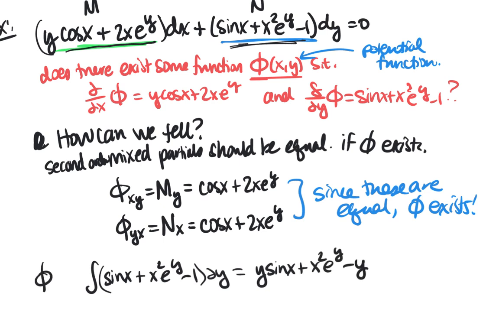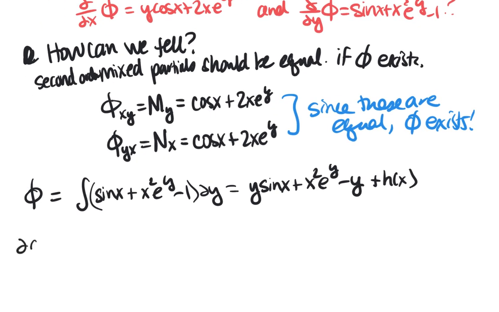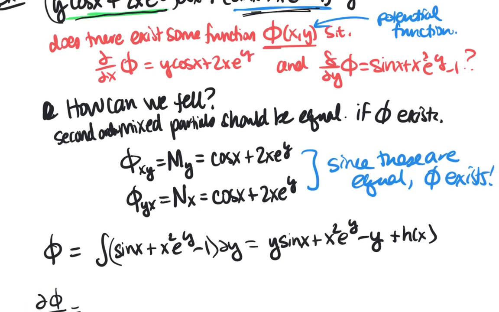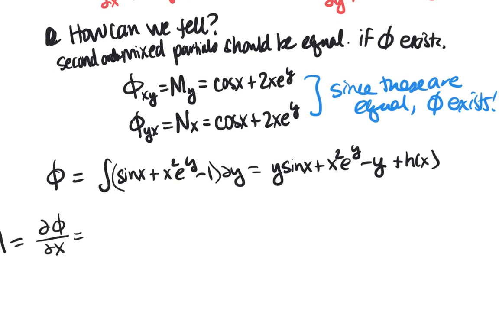So this is my phi, but I might also have some h of x that I haven't considered. So the partial derivative of phi with respect to x should be equal to M. If I take the partial derivative of that with respect to x, it'll be y cosine x plus 2x e to the y, then 0, and then h prime of x.